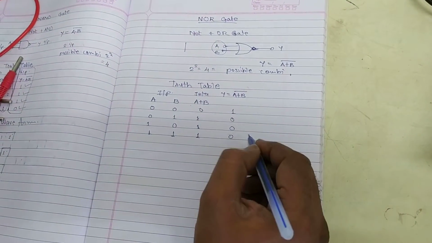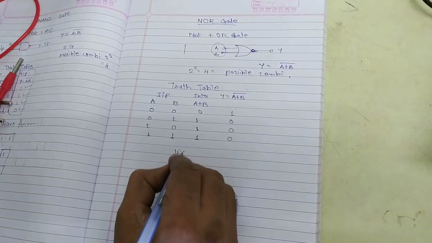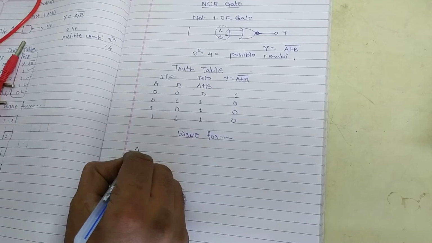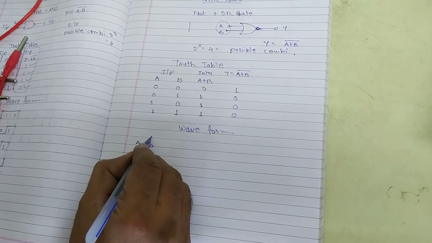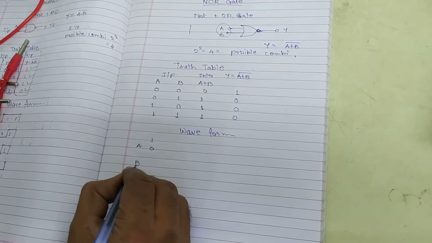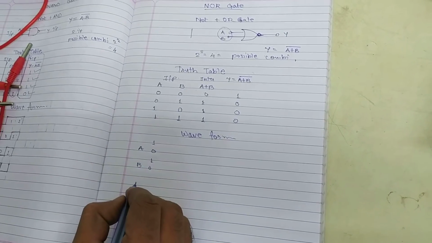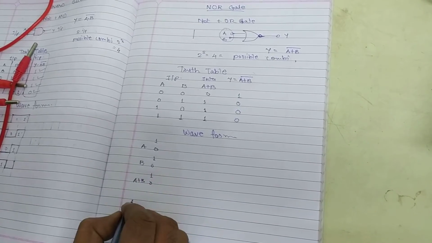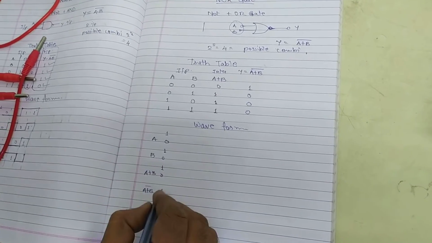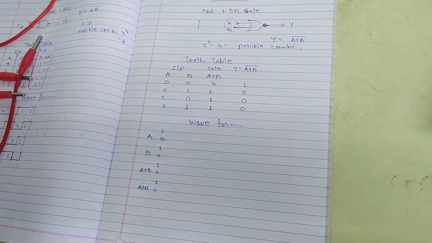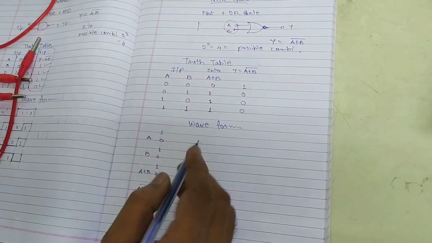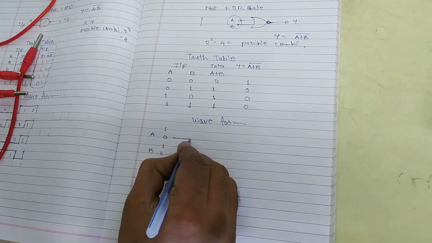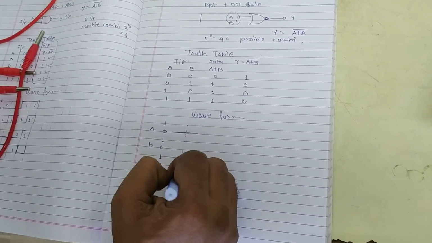And we have to draw the waveforms of this NOR gate. Okay, so for these waveforms, we are having two inputs. So this is A logic 0 and logic 1, B logic 0 and logic 1. Then this A or B logic 0 and logic 1, and (A or B) whole bar logic 0 and logic 1. So I am just plotting as we are having 2 continuous 0.